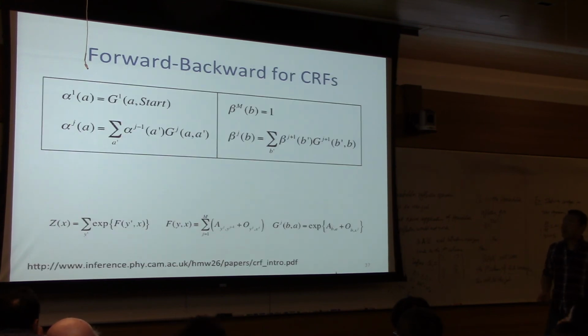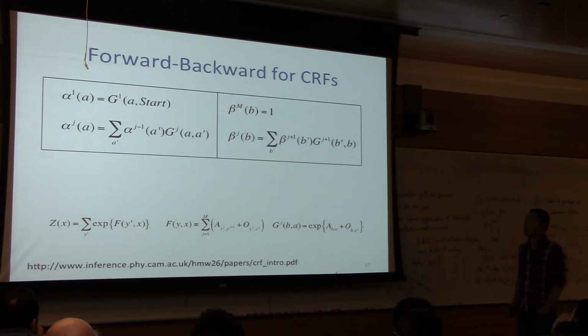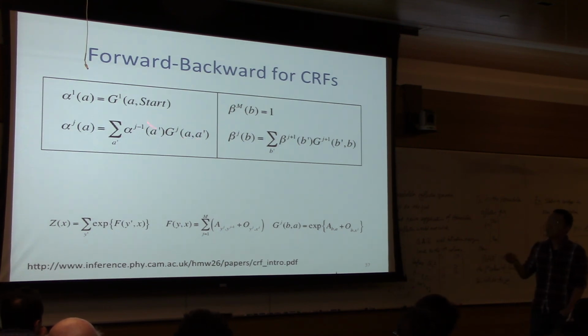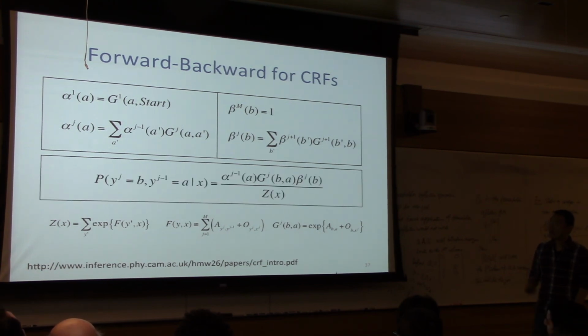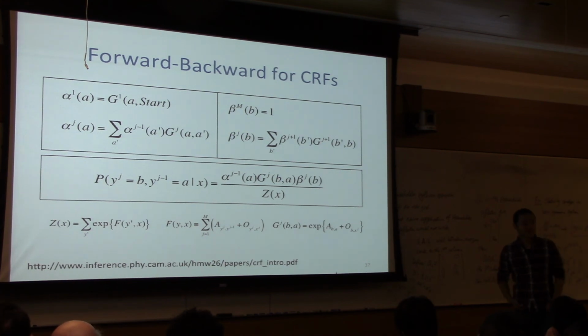This is just forward backward for CRFs, almost the same as in the Markov models. You could reuse this G matrix that I defined earlier. Once you compute these, this is literally the forward algorithm from before. It's literally the same as the inner Markov model forward algorithm with G defined differently.